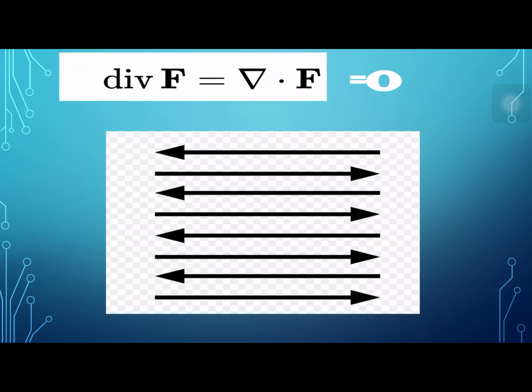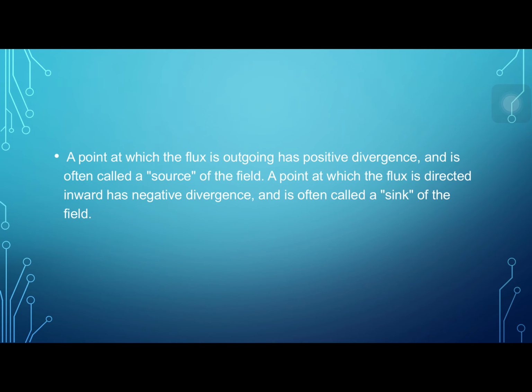What if it is equal to 0? The amount of flux entering a particular point is exactly equal to the amount of flux going away from that point. That means divergence is equal to 0. So in a nutshell, we can say a point at which the flux is outgoing has a positive divergence.